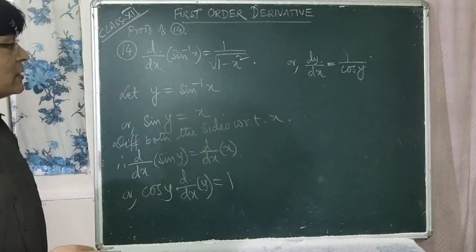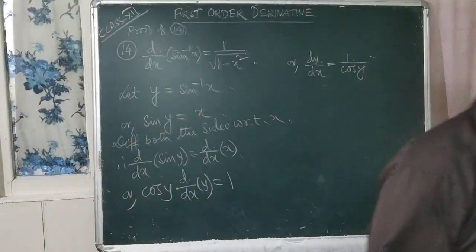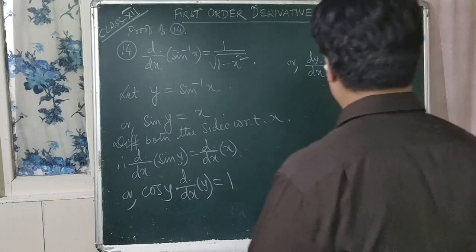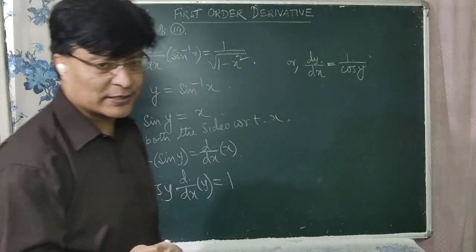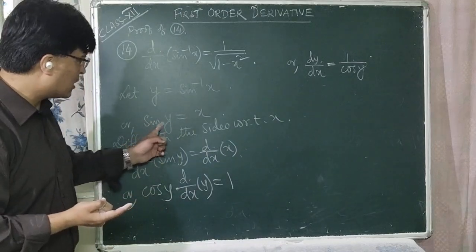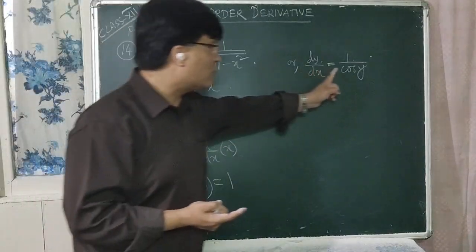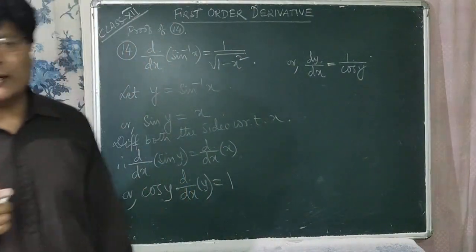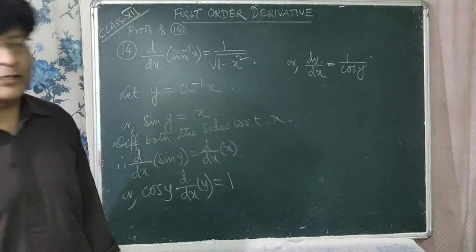But you should get the value for dy by dx in terms of x. So we are getting here the value for dy by dx in terms of y. But you should convert this cos y in terms of x. But you know that the value for sin y is x. You can convert this cos y in terms of sin y, isn't it? What is the formula for cos y? It is root over 1 minus sin square y.